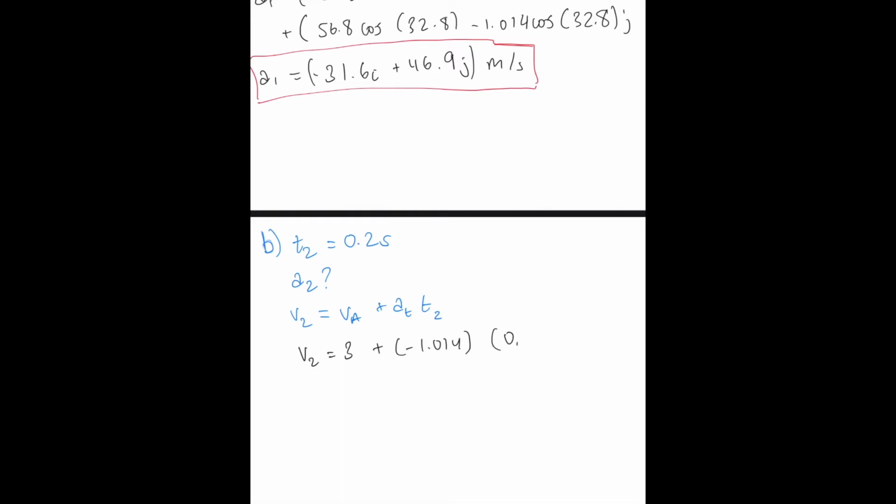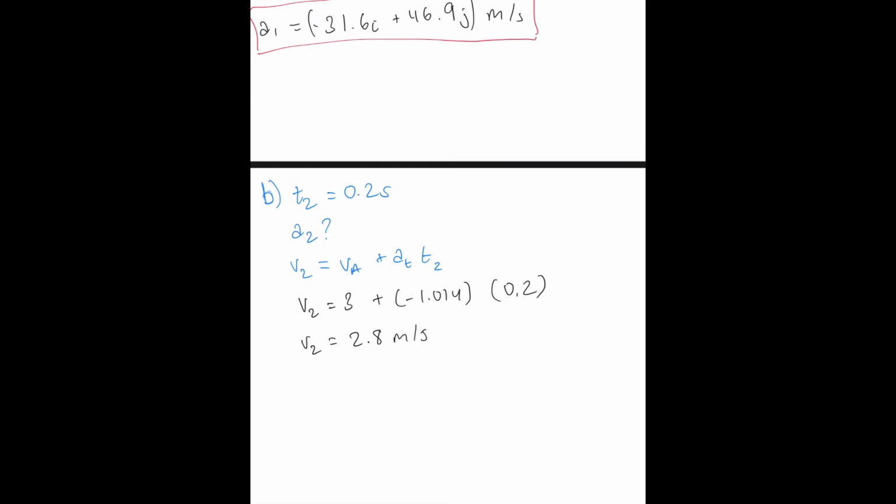We're going to plug in all of our known values. That's going to give us v2 is equal to 2.8 meters per second. We're going to plug that into the distance equation. Let me write it down again.